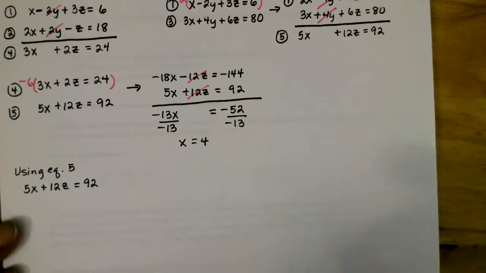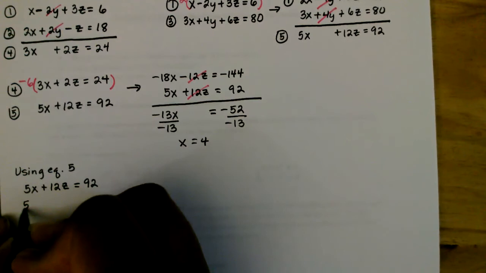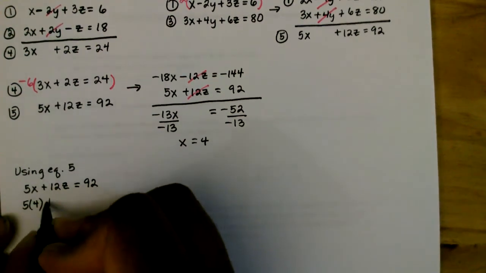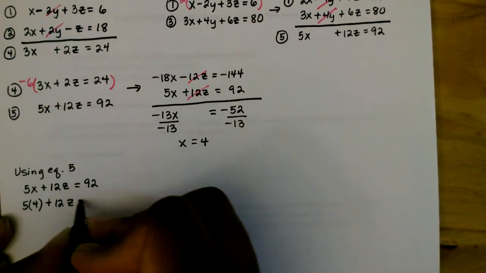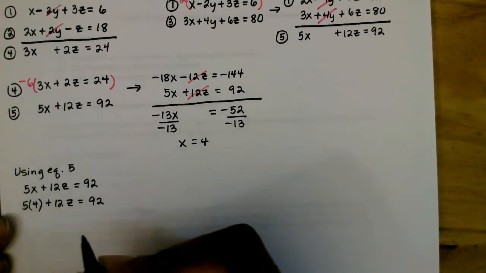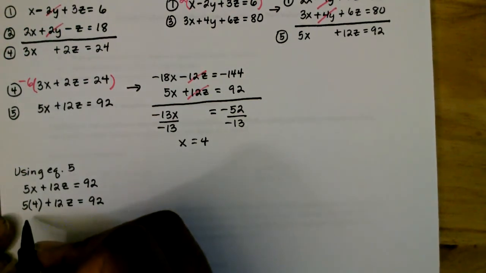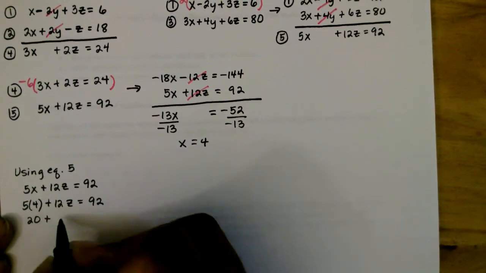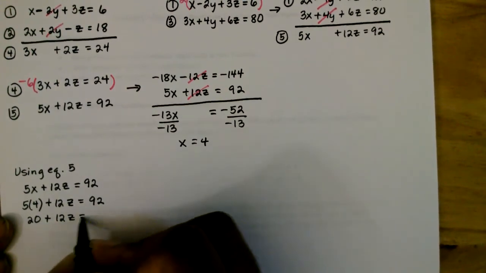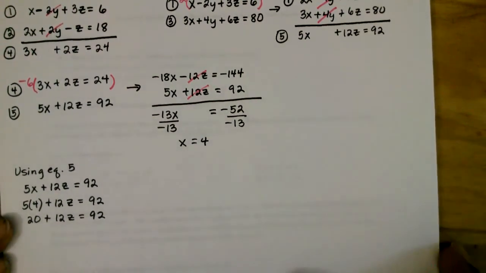And we'll replace the x with 4. So it'll be 5 times 4 plus 12z is equal to 92. 5 times 4 will be 20 plus 12z equals 92.